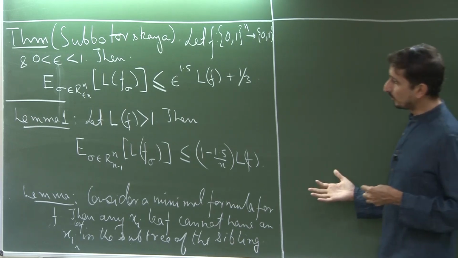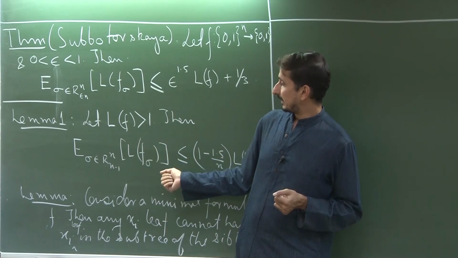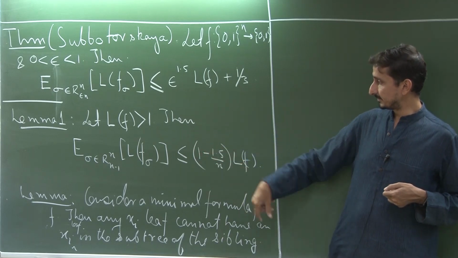Now what we want to prove is that using this lemma, we want to give a restricted version of Subotovskaya's theorem. So look at this lemma, which we stated last time.